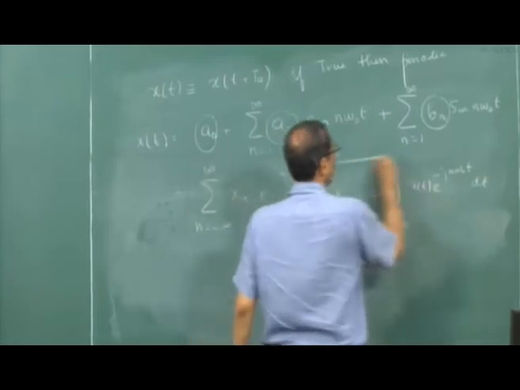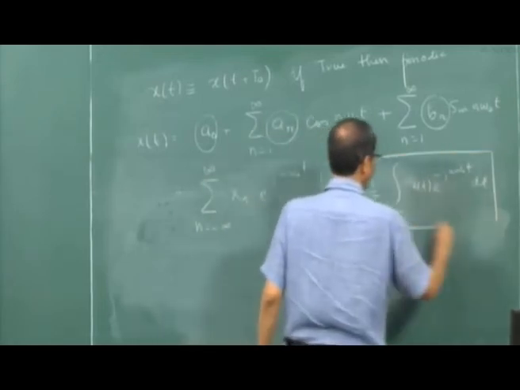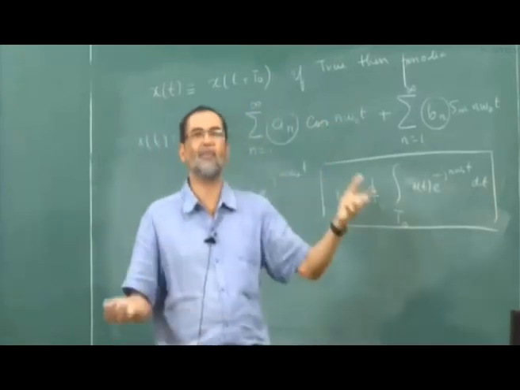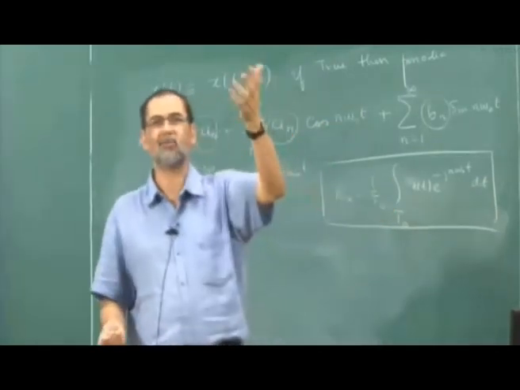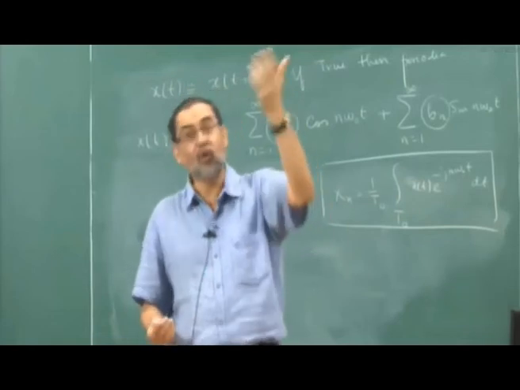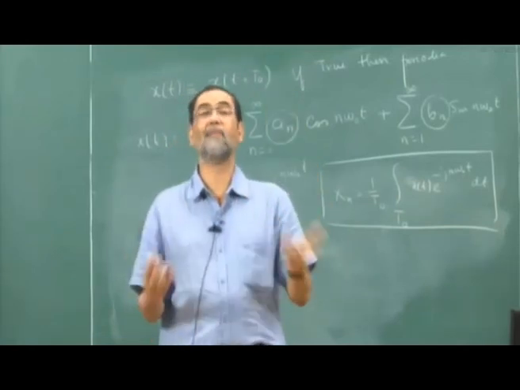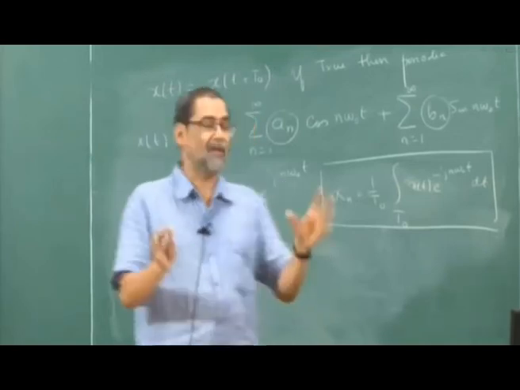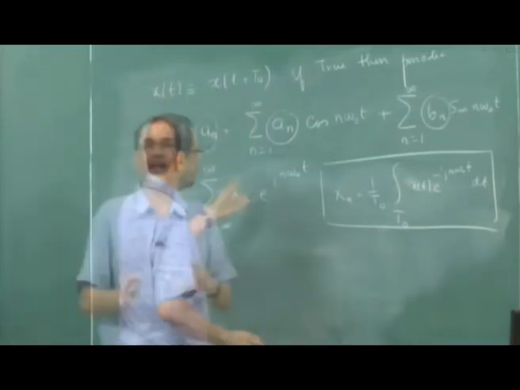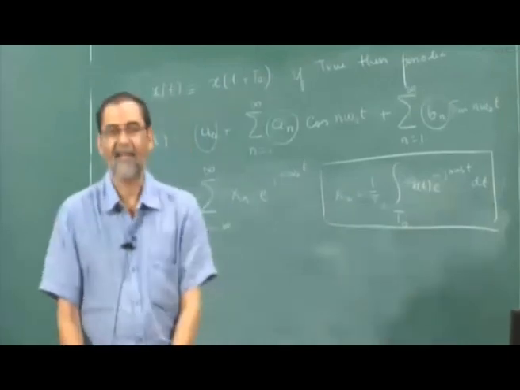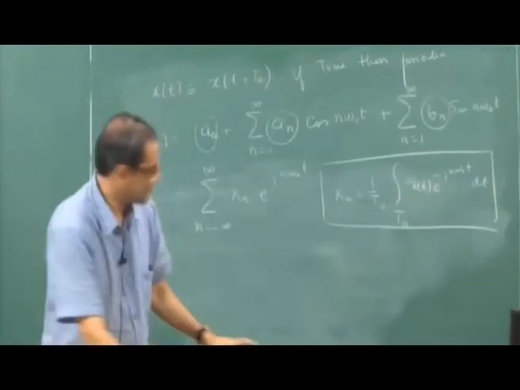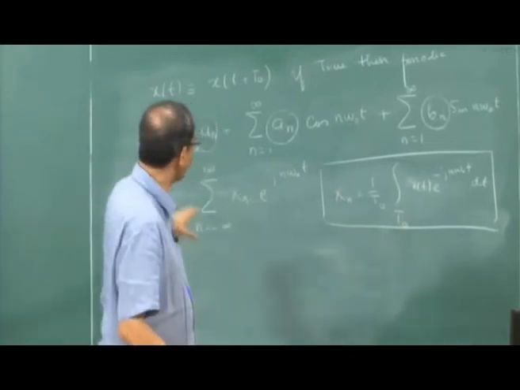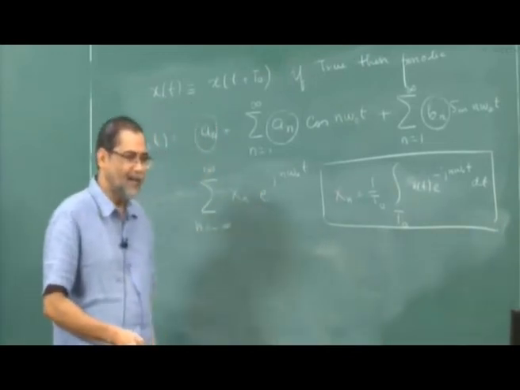So remember, in the previous case, for a naught, an and bn, we had different formulas. In one case there was just 1 by t naught, in the other case it was 2 by t naught. So you would have to remember where to use 2 by t naught, where to use 1 by t naught. But in the exponential form, that asymmetry is not there. Everything is very nice. It's simply given by this. I will come back to why this form is important in a minute.